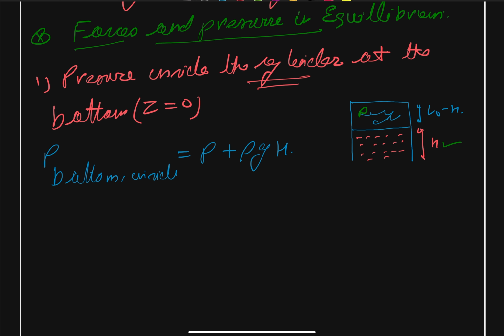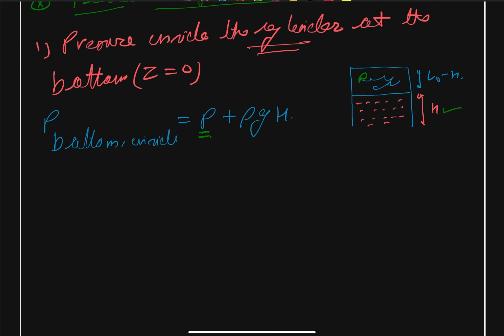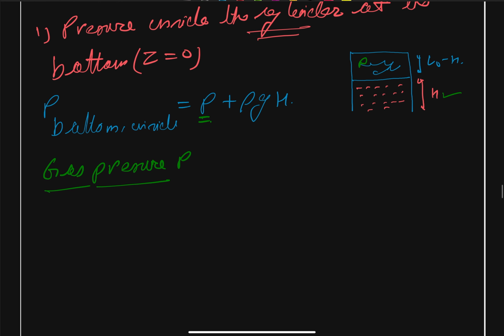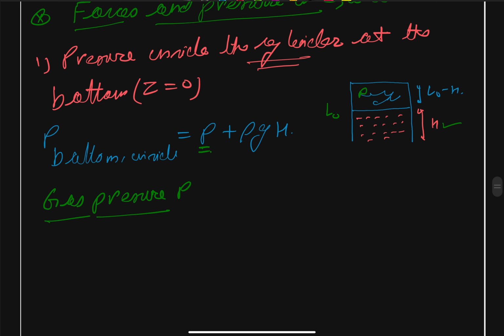And now we are going to find out this gas pressure P. We know that initially the gas was occupying the entire cylinder, which had a length of L0, and its volume we know is V0.